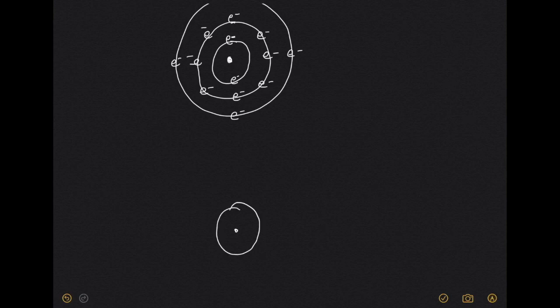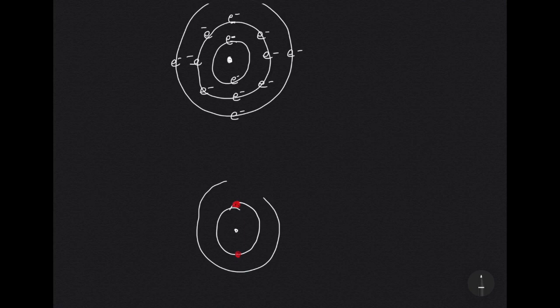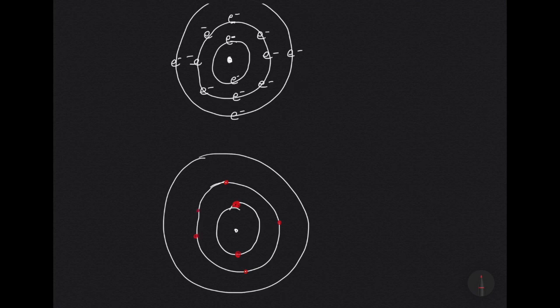You can use colorful dots to show the 2 electrons in the first orbit, then the second and third. The second has 1, 2. See, if you draw this way, it will be easier. 4 directions and then in the middle, 7, 8. Now 4: 1 at the top, 1 below. It looks balanced and it looks neater also. So this is the atomic structure or the orbital diagram of silicon.